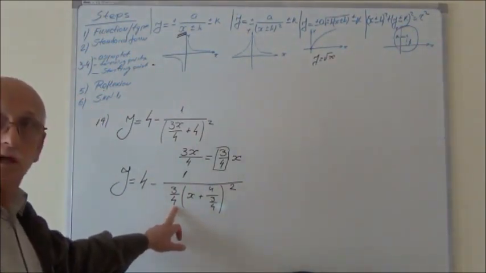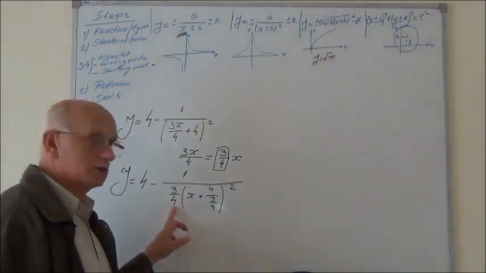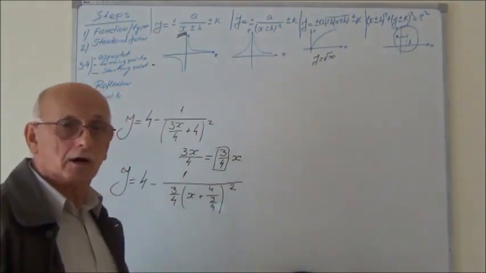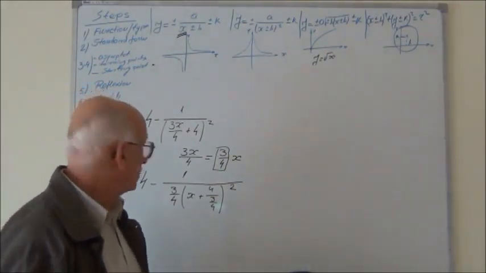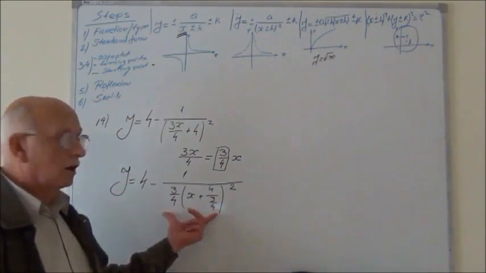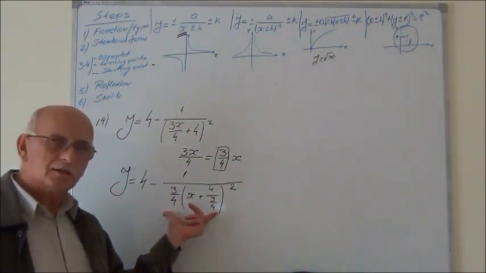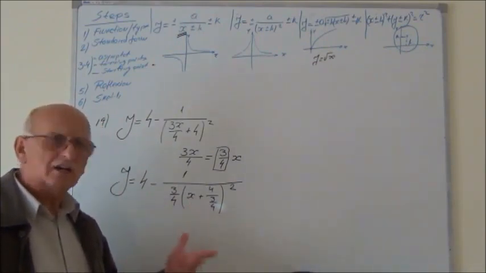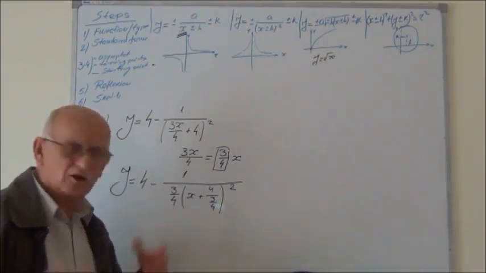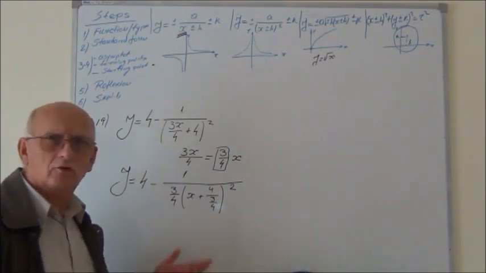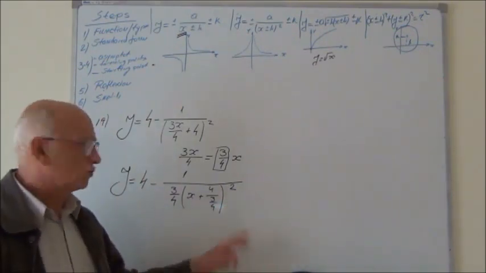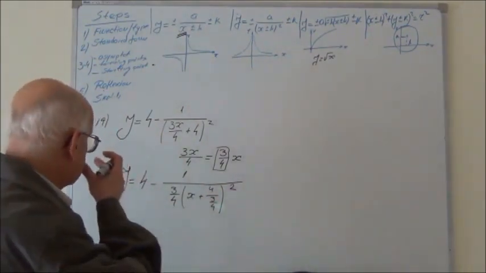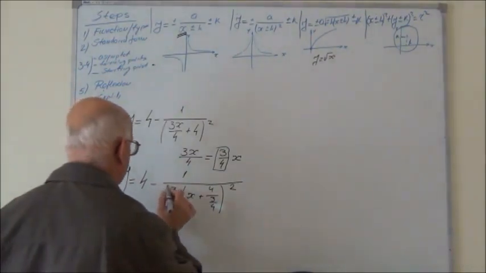I am talking about this because I know that plenty of people, unfortunately too many of you, understand this, but when you do your work, rushing, you take 3 on 4 out, making power 2 here and jumping to the next step. This is a mistake. So that's why I am talking about that.